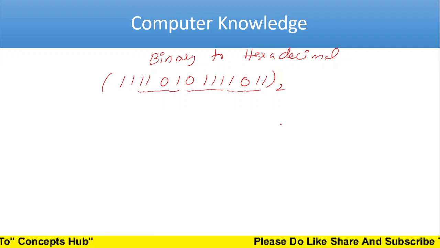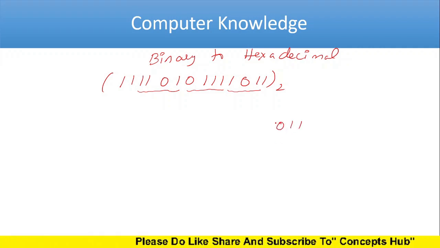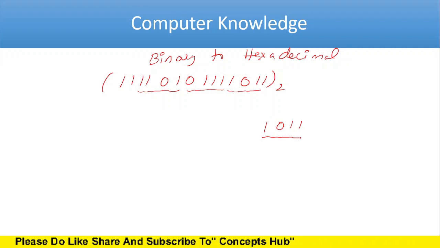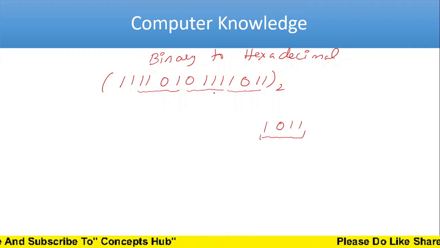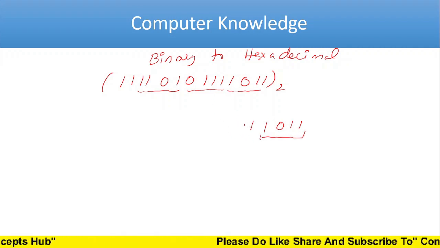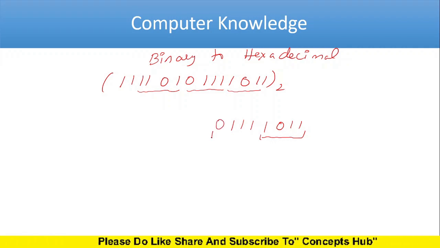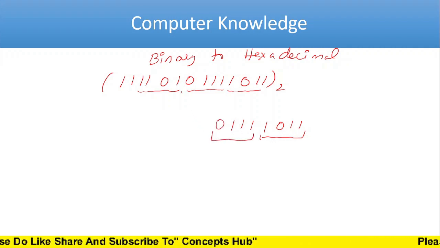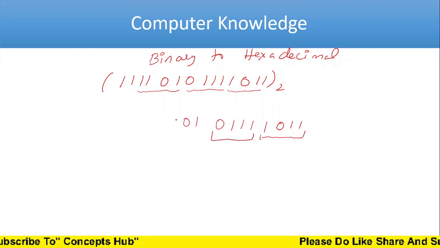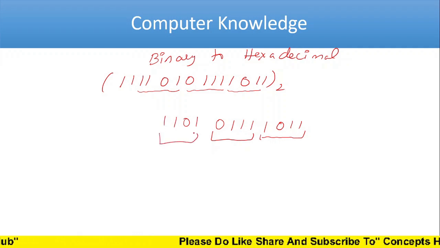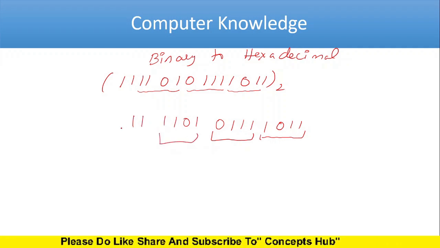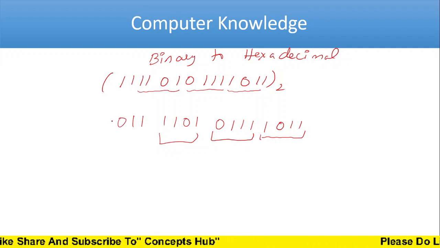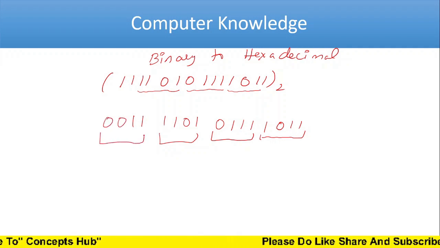Okay, let us write. So 1 1 1. Next 1 1 1 0. Next 1 0 1 1. So you got 1 1, right? So we will add 2 zeros to the left of this number now.